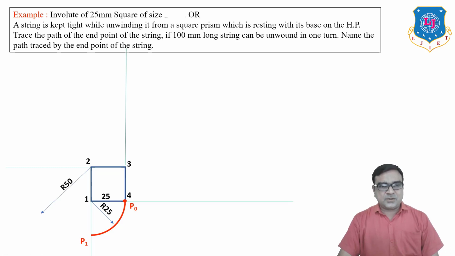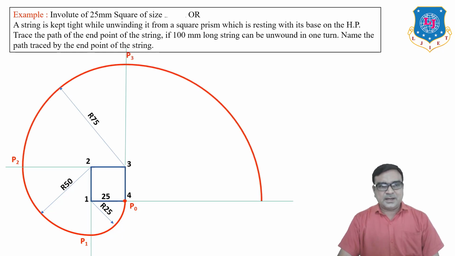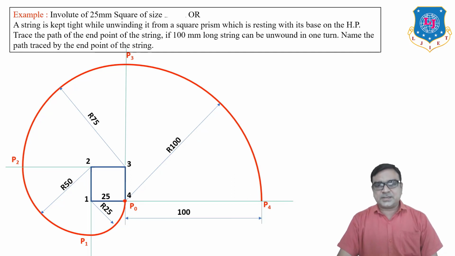Now center 2, radius 50, draw arc from P1 to P2. 3 as center, 75 mm radius, draw arc from P2 to P3. And 4 as center, radius 100 mm, draw arc from P3 to P4. The unwound string is 100 mm long.